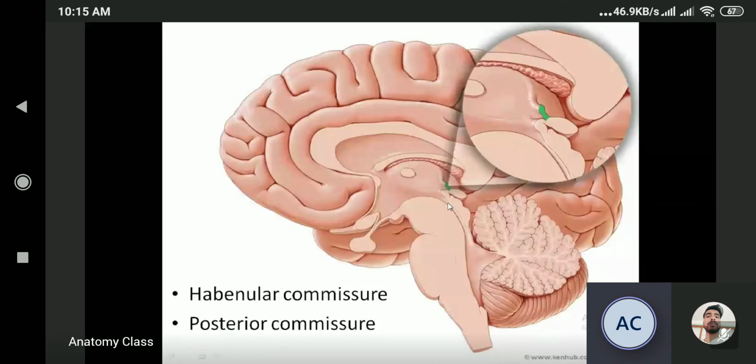Below the hypothalamic sulcus, what is this area? Hypothalamus. Can someone tell me about the extension of the hypothalamus, which is limited anteriorly by the lamina terminalis? Don't get confused: the lamina terminalis is a thin sheet of gray matter which extends from the optic chiasma above to the anterior commissure, or the rostrum of the corpus callosum.